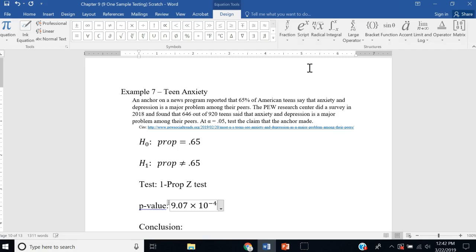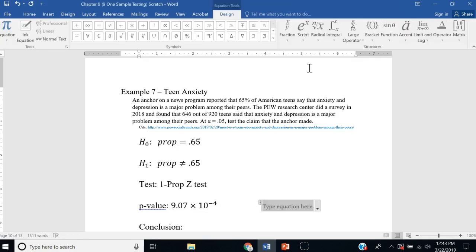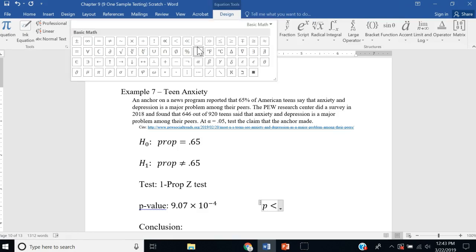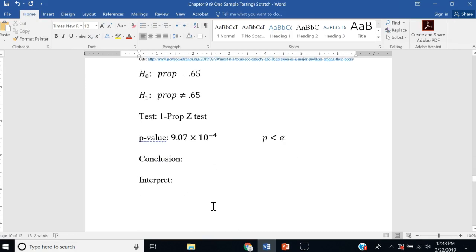That one's not so many zeros that you couldn't write it, but I'll just leave it as scientific notation if my calculator gives it to me that way. And so this p-value is less than alpha. Okay, my alpha is 0.05.